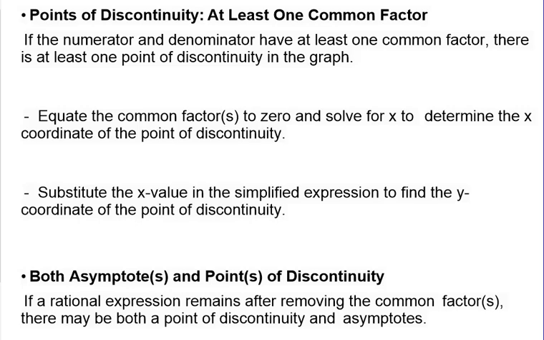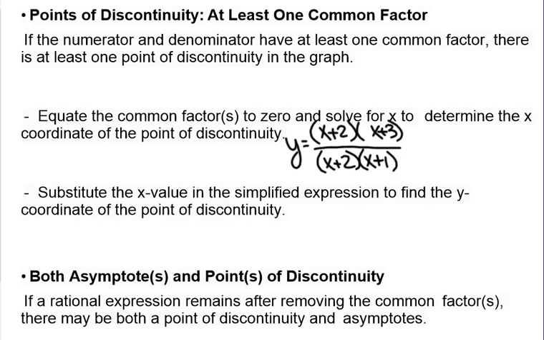So if I was to have a function that looks something like x plus 2 times x plus 3, all over x plus 2 times x plus 1, we've got a common factor across our numerator and denominator. To figure out the x-coordinate, we set our common factor equal to 0. So negative 2 is the x-coordinate of that.